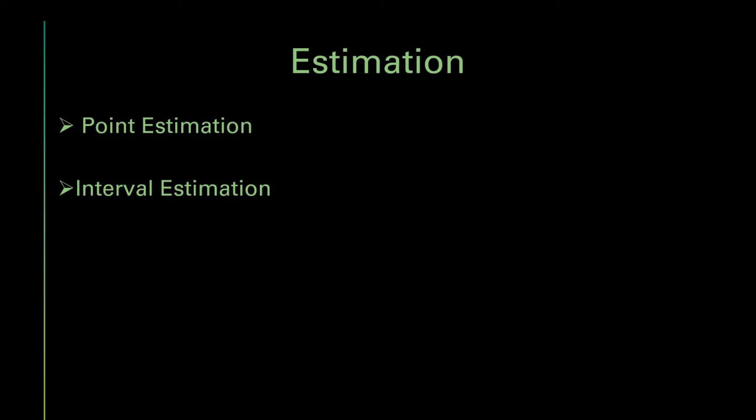That is a point estimation. So I may say that the age of that person may be between 25 to 30. So I am estimating with an interval 25 to 30. I don't have an exact value. I'm saying that the age may be between 25 to 30. So that will be an interval estimation.